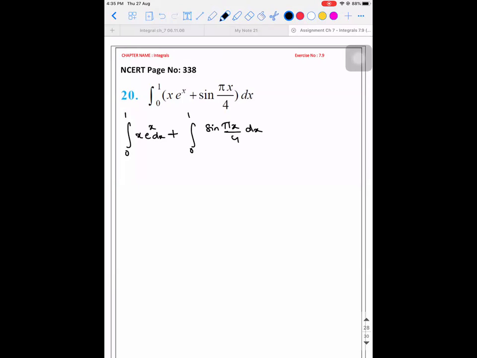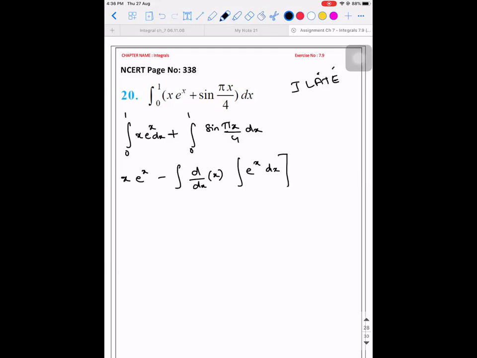So by parts means isolate: algebraic and then exponential. How do you do by parts? First function into integral of second function, that is e power x, minus integral of derivative of first function into integral of second function dx.